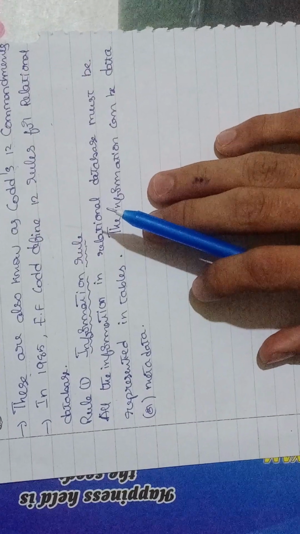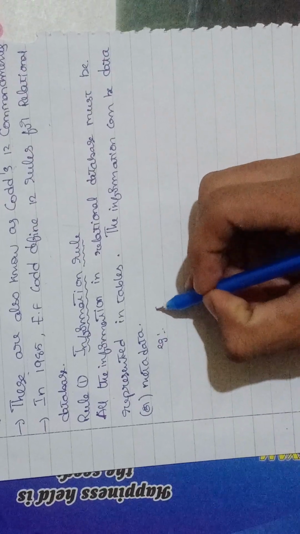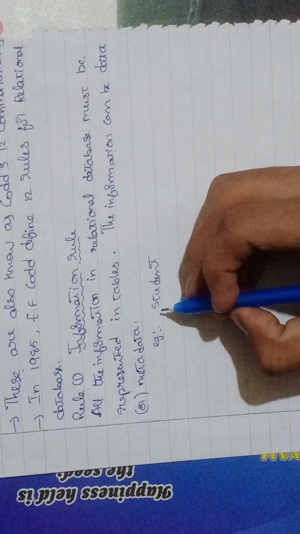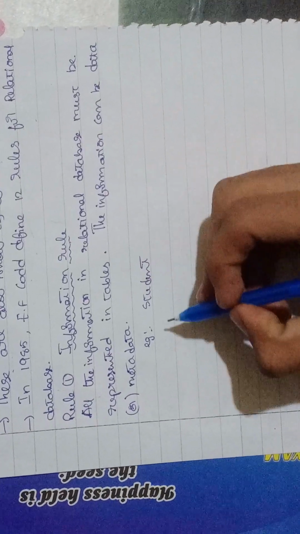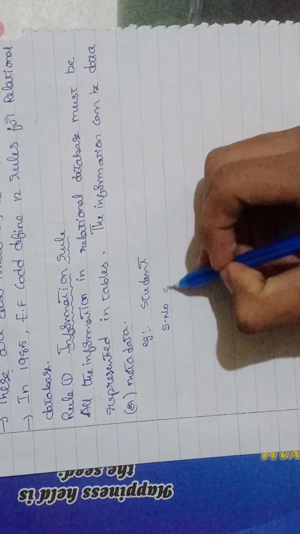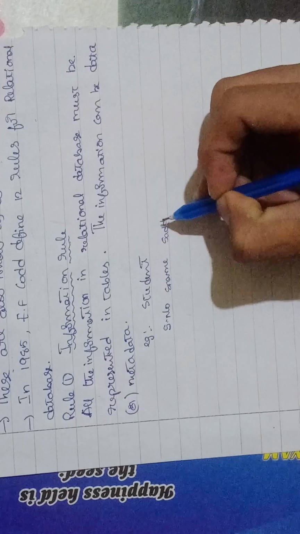First we can take an example. In a student table, we have student number, student name, and student address.